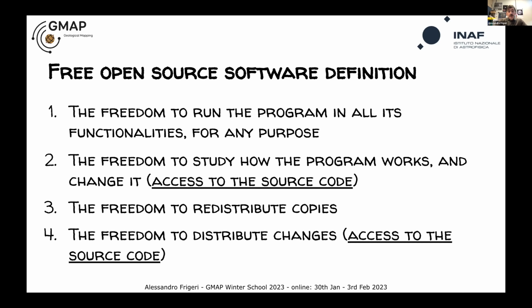And in this school, we are experimenting with these 4 freedoms because, for example, you have downloaded copies of QGIS, and so you are using the freedom to redistribute copies, but basically you have all the other freedoms potentially active in QGIS.